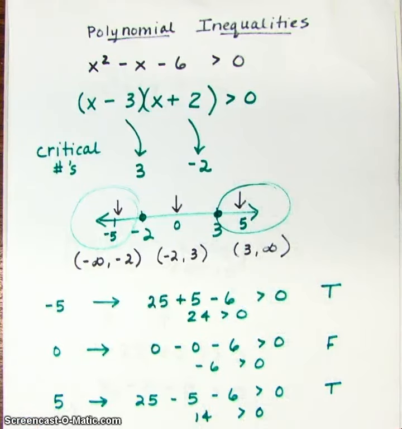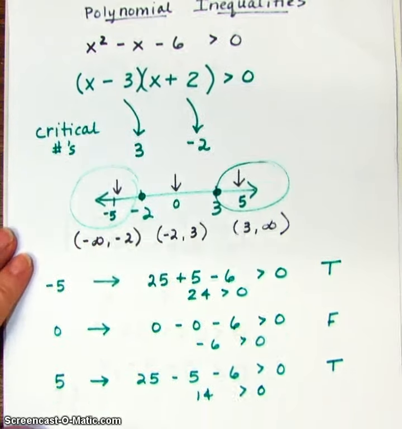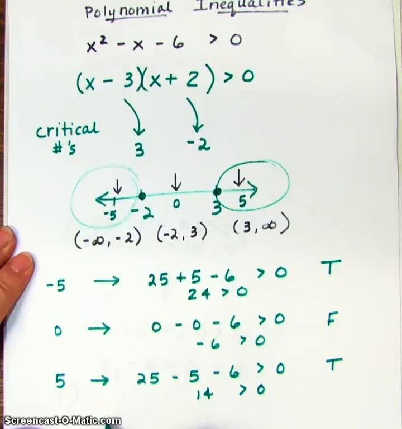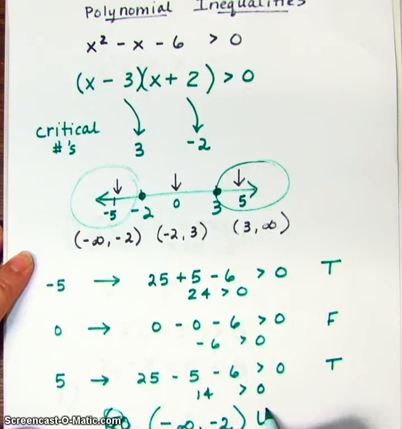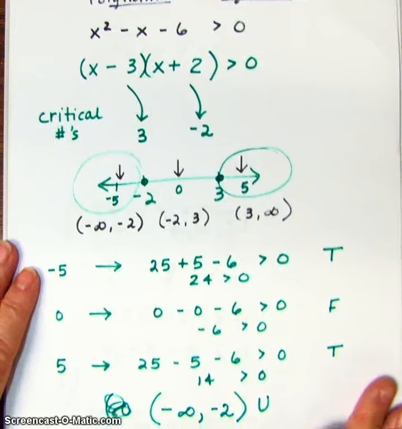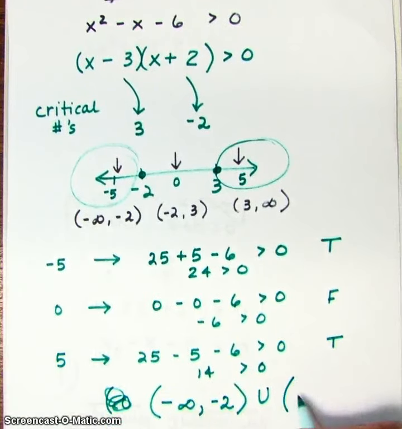And so the solution to this polynomial inequality will be from negative infinity up to negative 2, in union with, from positive 3 to positive infinity.